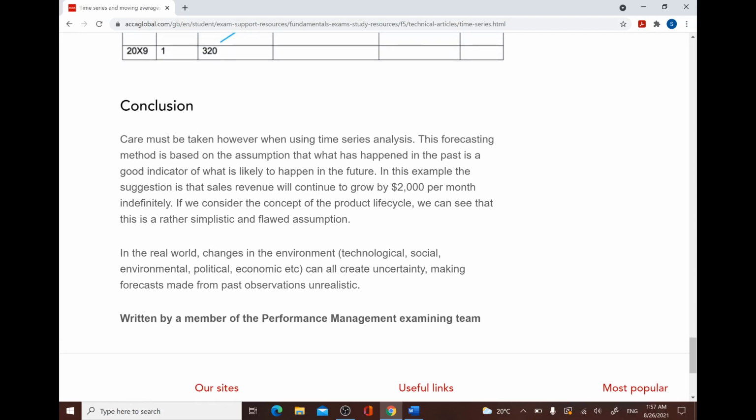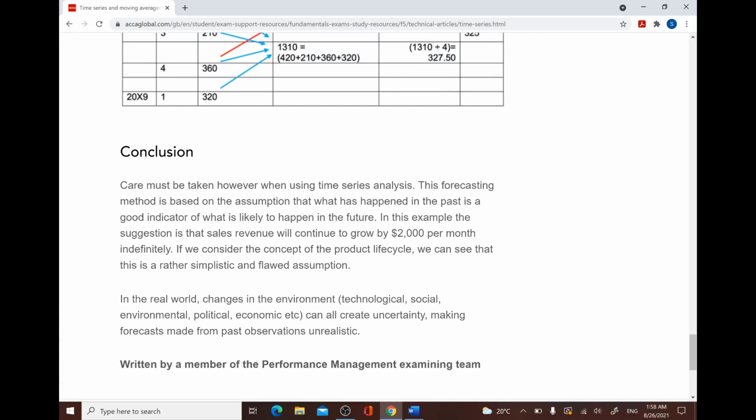Okay? So once again, this is an article written by a member of the performance management examining team, which is relevant to your upcoming exams from September 2021 onward.